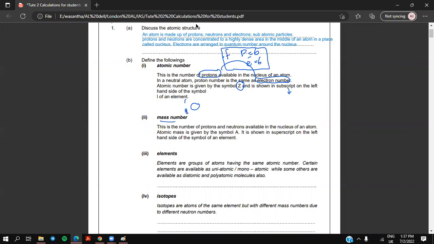And then mass number. This is the number of protons and neutrons available in the nucleus of an atom. Mass number is given by the symbol capital A. A is shown in superscript.